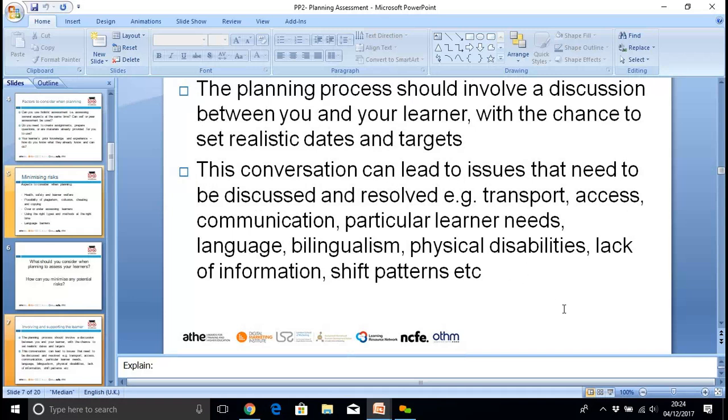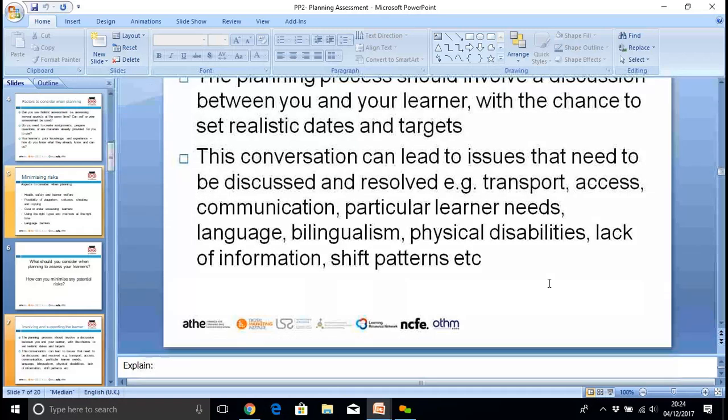And I can remember to this day distinctly going in at 1 and 2 o'clock in the morning to do observations on a number of trainees that were on that shift. It was the only way around the situation. So these things need to be discussed, obviously, and resolved.